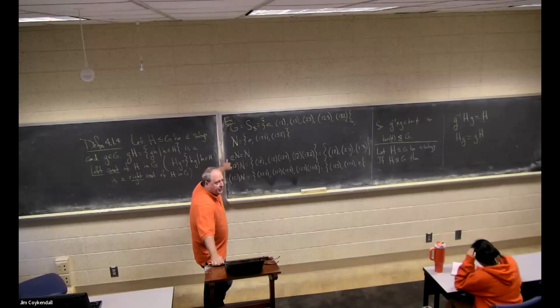So if there is some overlap, they have to be exactly the same. Respectively, G is the union of the right cosets and H g_i intersect H g_j not empty implies H g_i equals H g_j.